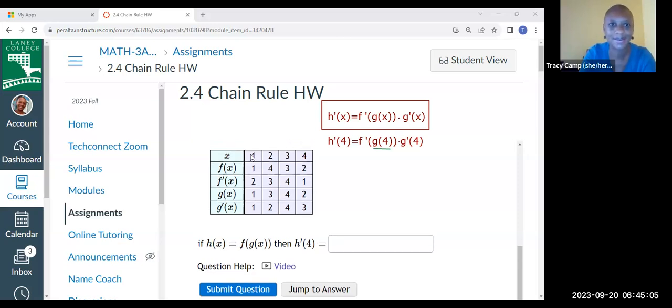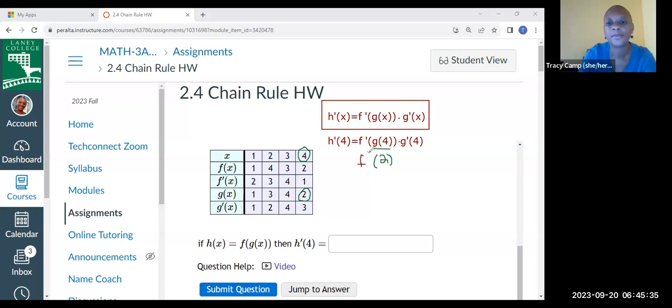There, I can see the 4. I notice when x is 4, g of 4 is 2. So in place of this g of 4, I get to put a 2 there. And then on the outside, I still have my f prime.